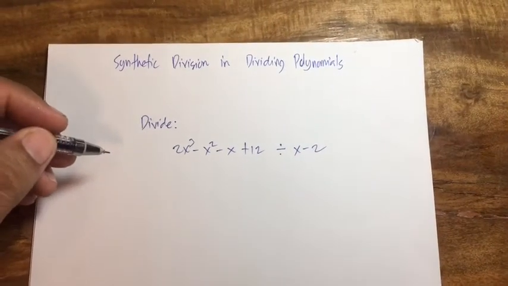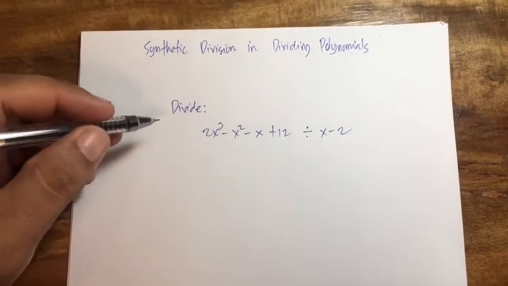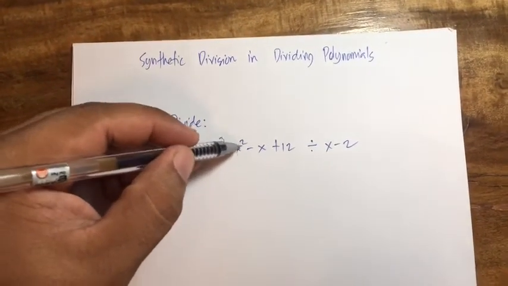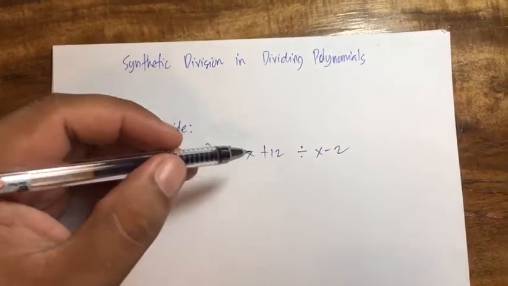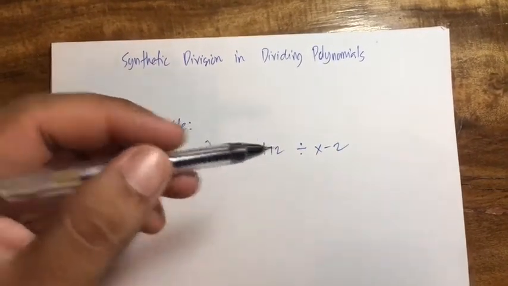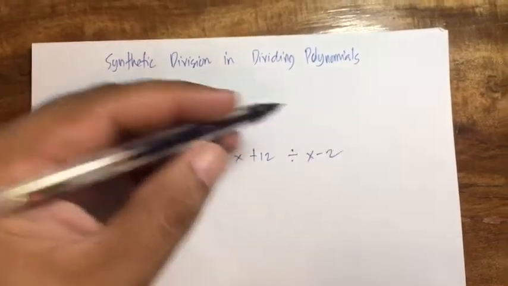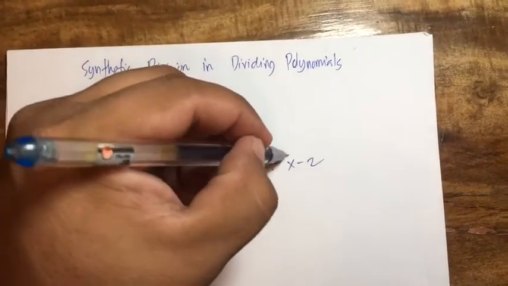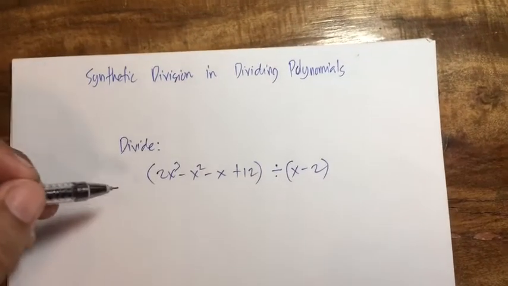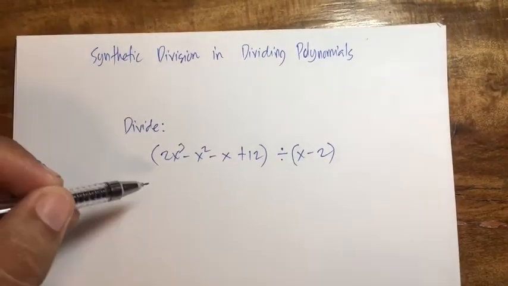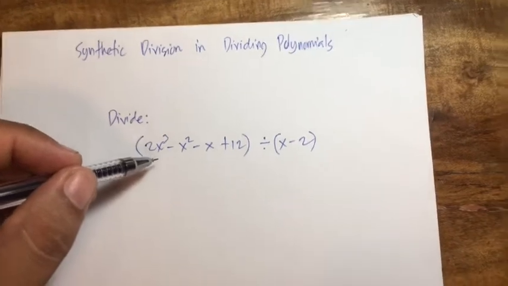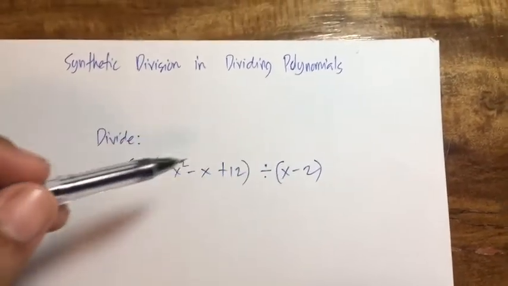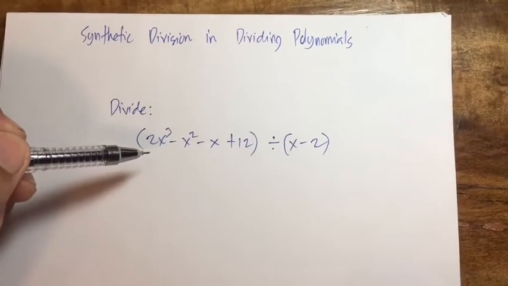Okay, let me give to you another given. Divide 2x cubed minus x squared minus x plus 12 divided by x minus 2. We will get the answer by using synthetic division. First and foremost, we will check that the dividend and the divisor are in standard form, or in descending power of x.